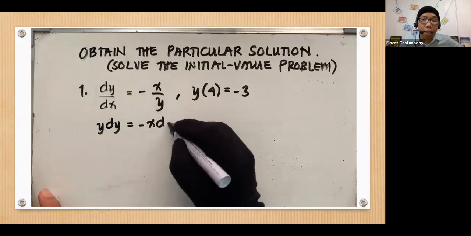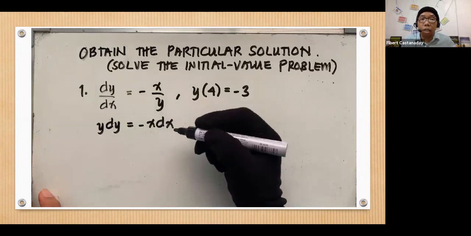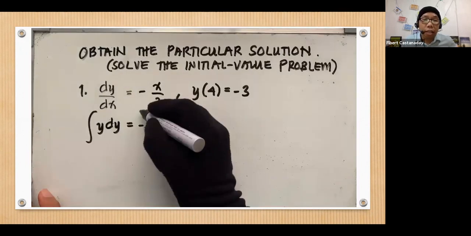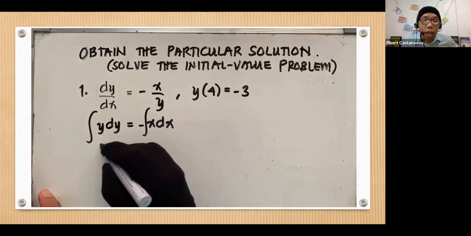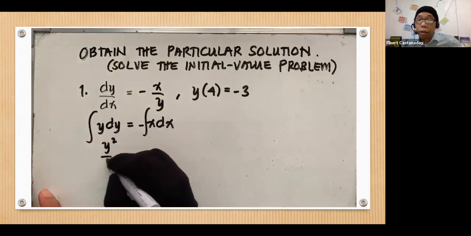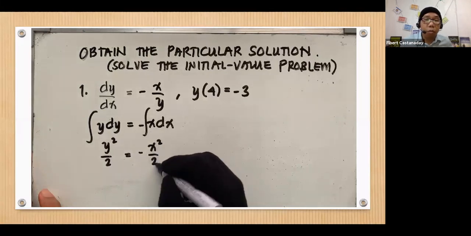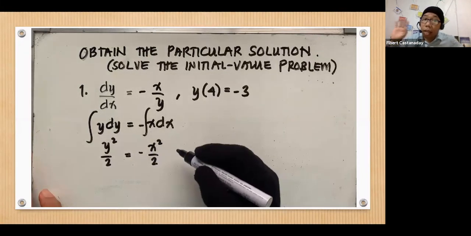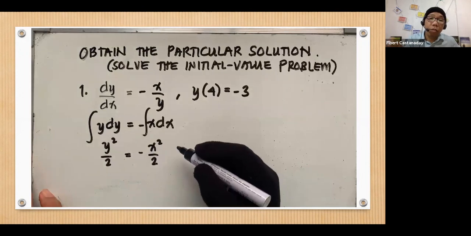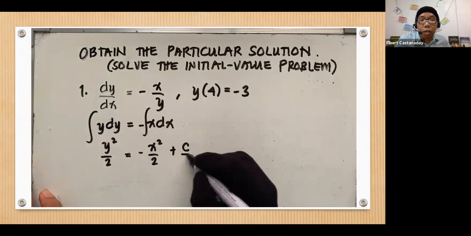Ayan. A simple example here I have, in cross-multiply lang natin, so y dy is equal to minus x dx. Yan, separable siya na DE. So integrate both sides. I have now y squared over 2 equals minus x squared over 2 and then plus c dun sa right-hand side. Or you can simplify further. So imbis na plus c ka dyan, c over 2.